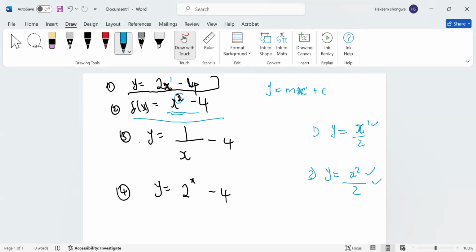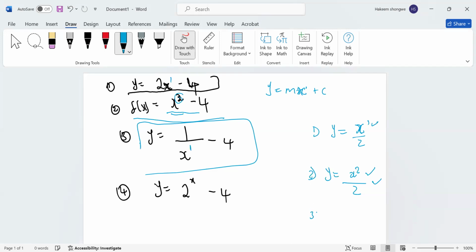Let's try number 3. If you look at number 3, we have our variable on the denominator. Did you see that? So if you have the variable x on the denominator, and the highest degree of it is 1, we call this a hyperbolic function because the variable is on the denominator.